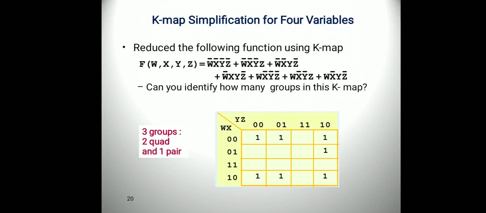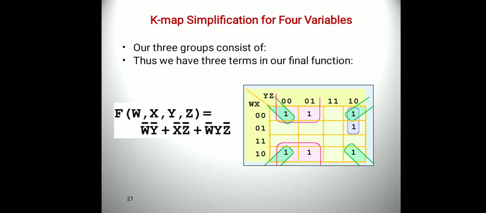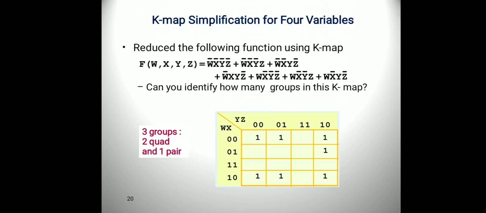In this equation there are four variables. Therefore, the K-map contains 16 cells, 4 rows and 4 columns, like this.